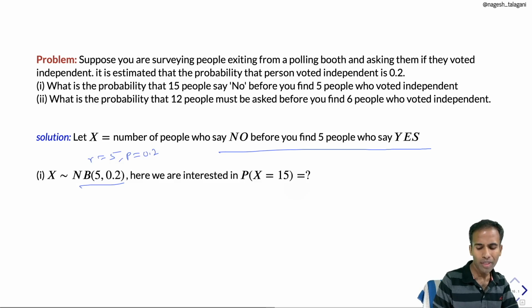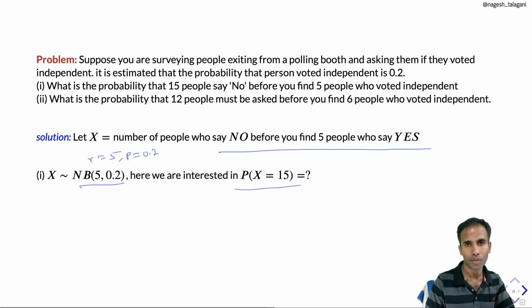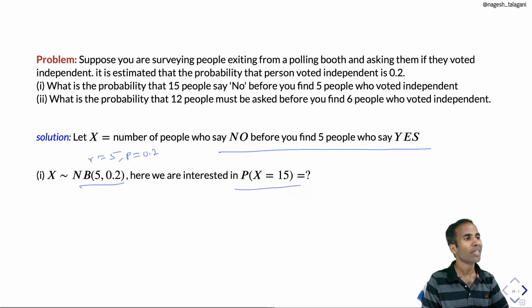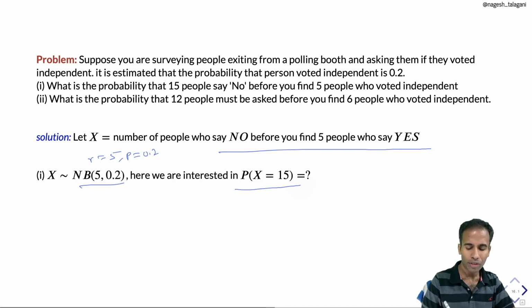In question 1, we are interested in the probability of X equal to 15, that is, the probability that 15 people say no before you find 5 people who say yes. So we can use the negative binomial PMF to compute this. What is the PMF of the negative binomial distribution?